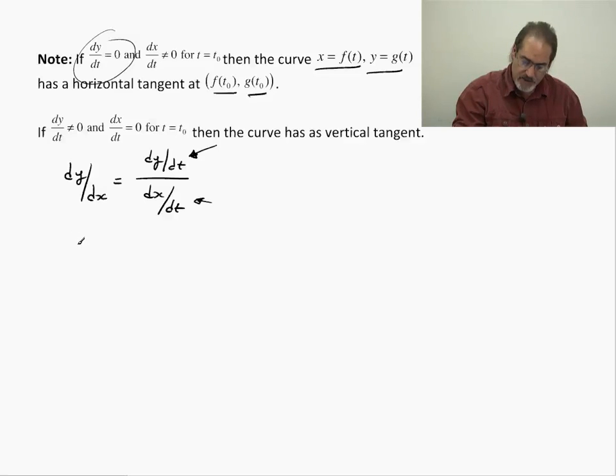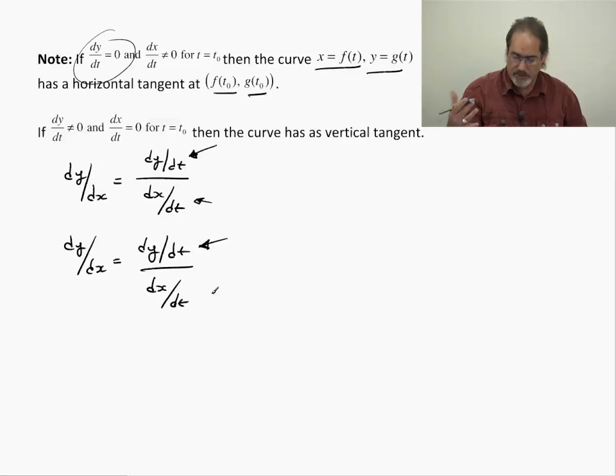On the other hand, if dy/dt is non-zero and dx/dt is 0, then the curve is going to have a vertical tangent line. That makes sense too because remember dy/dx equals dy/dt over dx/dt. What we're saying is that dy/dt is non-zero, some real number, but dx/dt is 0.